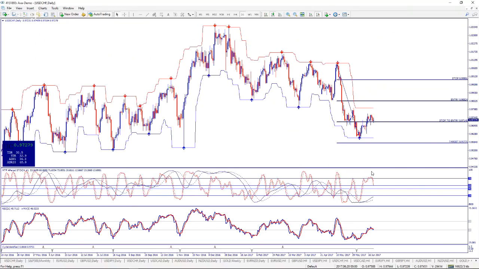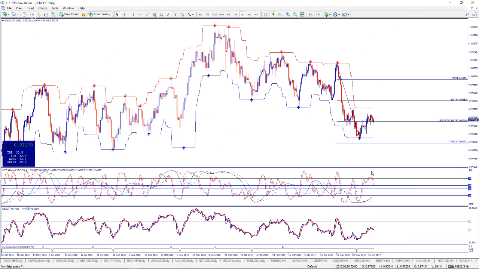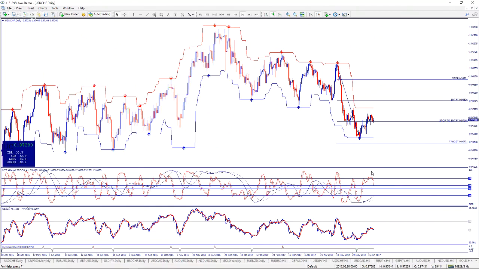Does that make sense? That makes sense. And so what this will ultimately do is make your swing analysis far more objective.